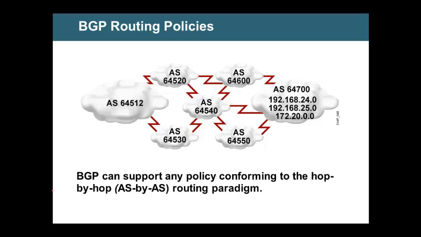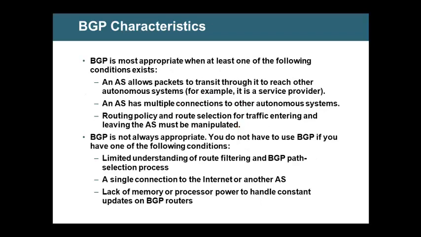Okay. Now this page just gives you an idea of when and why BGP should be enabled. Whenever an autonomous system allows the packet to transit through it and reach the other autonomous system, we need BGP.